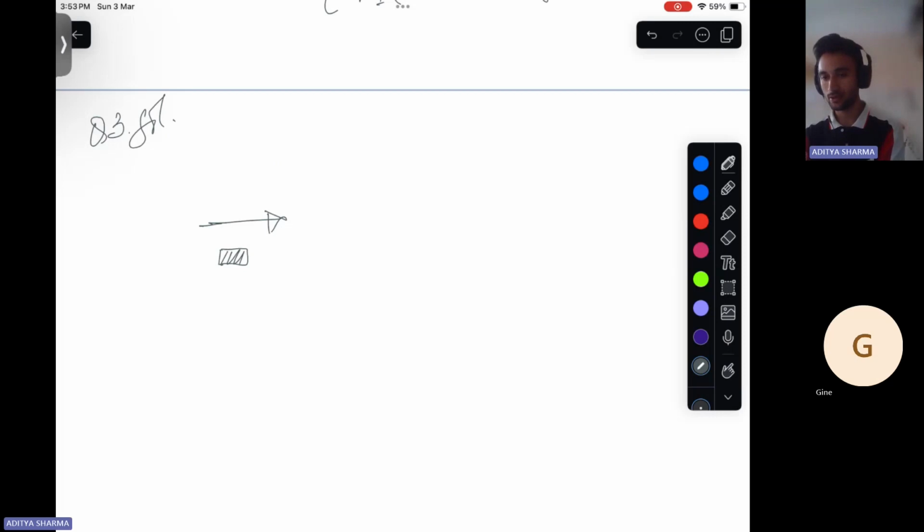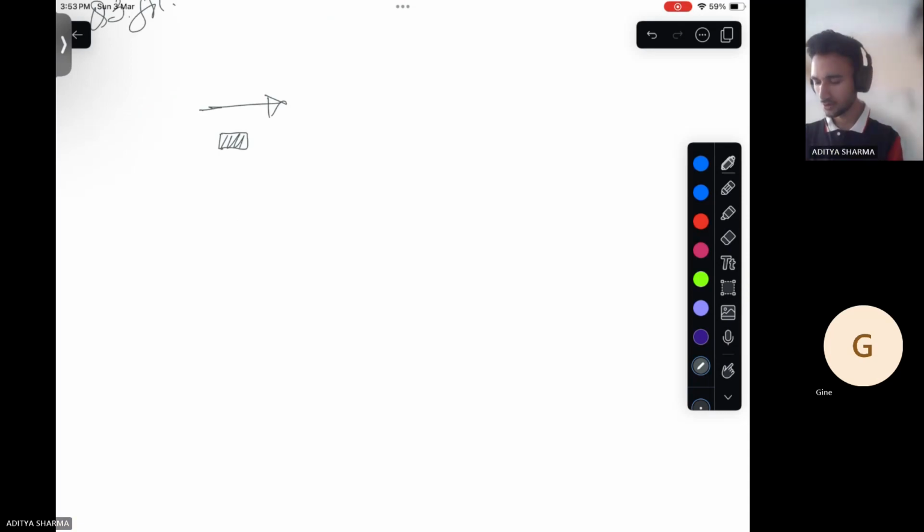Because this is moving in this direction, it will send pressure waves, because this movement is behaving like a disturbance in that particular flow, and this disturbance has to be communicated in the flow. So let us say there is a pressure disturbance here.